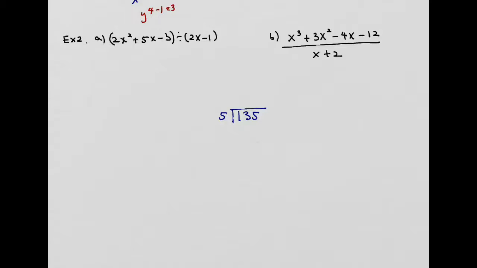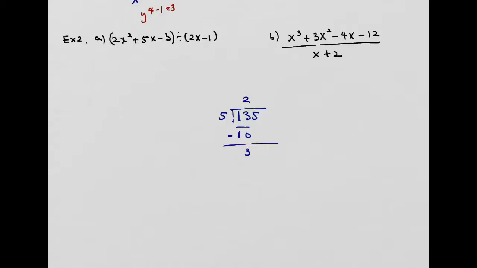So we look at 5 going into 2 digits, 13. 5 goes into 13 twice. That's 5 times 2, which is 10. And then we subtract these two numbers. So 13 minus 10 gives you 3.